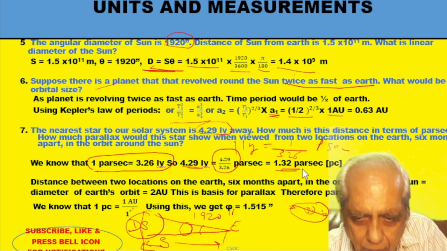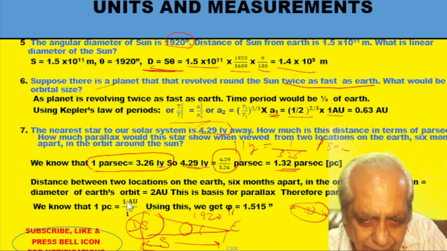So my angle is basis upon radius, so 2 AU upon 1.32 PC. Now both have to be in the same unit, so I am converting parsec to AU. 1 parsec is 1 AU upon 1 second. So when I substitute the value, AU will get cancelled, and the answer would be in seconds.